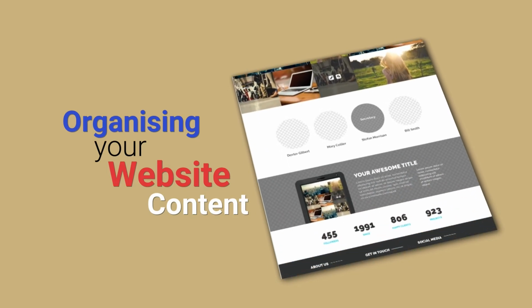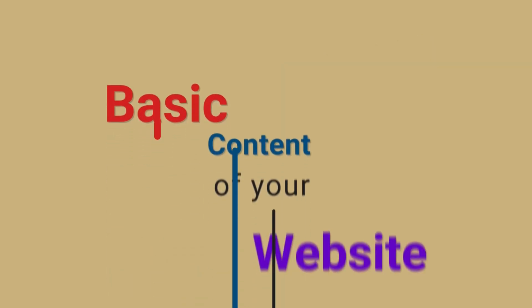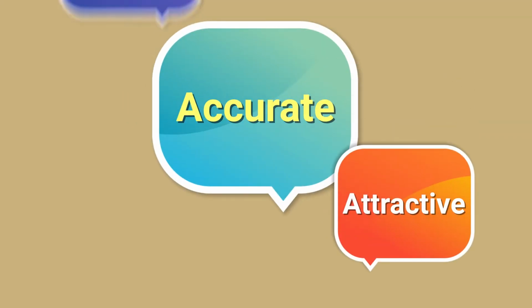Now, we will discuss organizing your website content. The basic content of your website should be accurate, attractive and well written. The information on the website should be structured and logically organized. This will help to retain your audience.